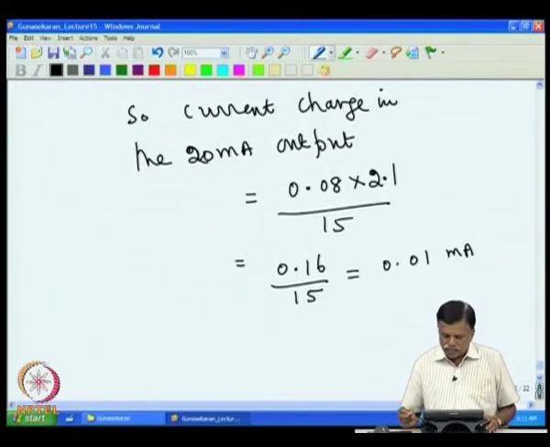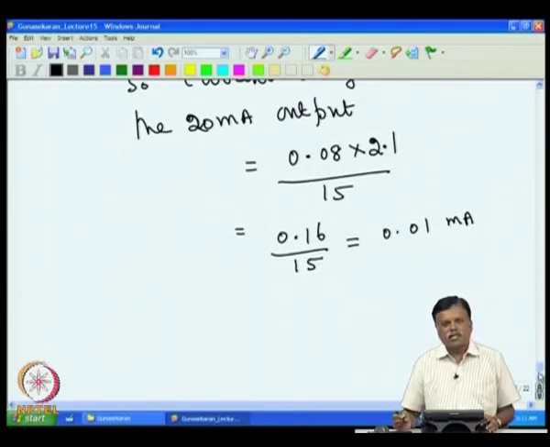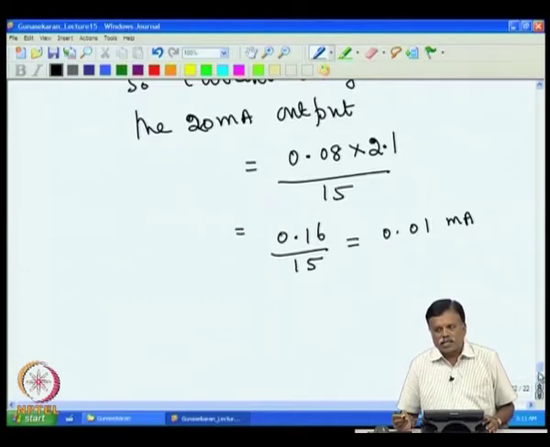This is small. Nevertheless, we have to compute all the errors like this depending on what is the op amp that you are using. Now, we have finished calculating the error that is coming due to the voltage regulator part.